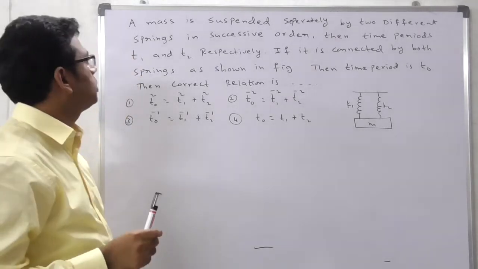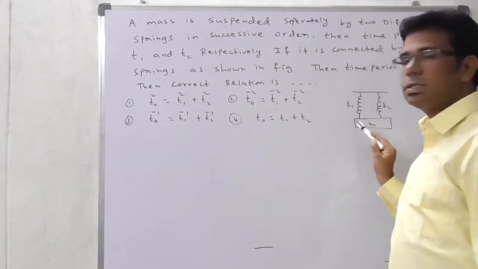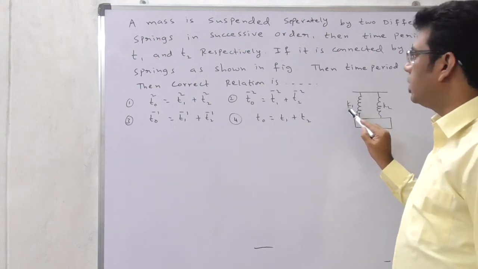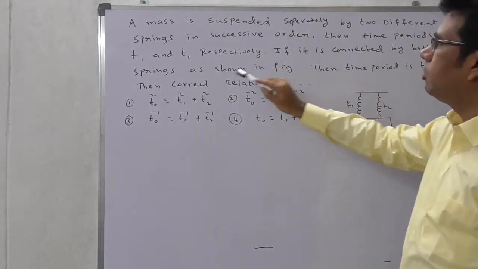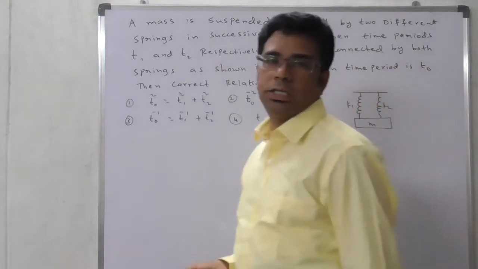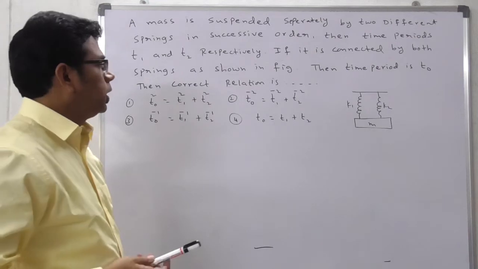What is the given concept here? The mass attached by two different springs. For the first spring, spring constant K1, the time period is given as T1. For the spring with spring constant K2, the time period is given as T2.